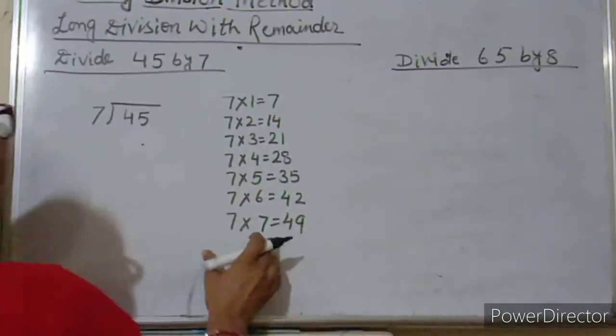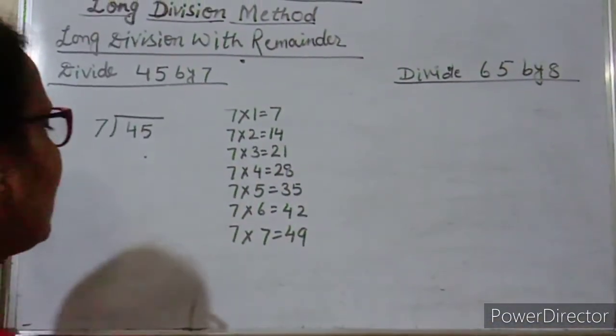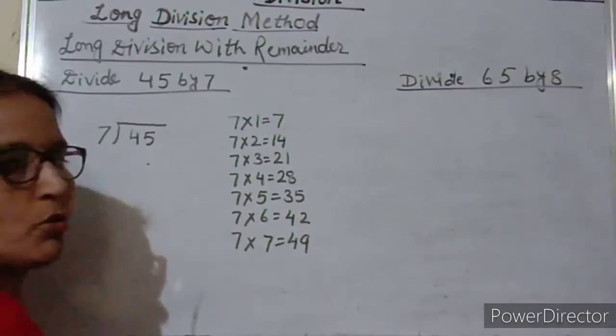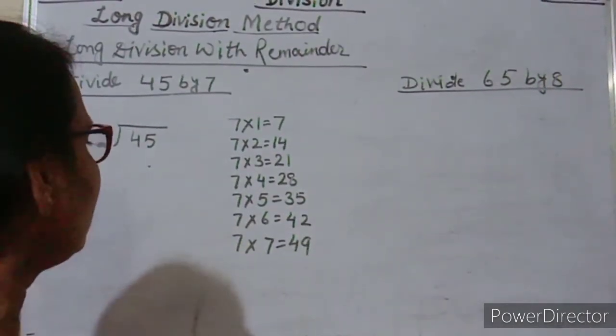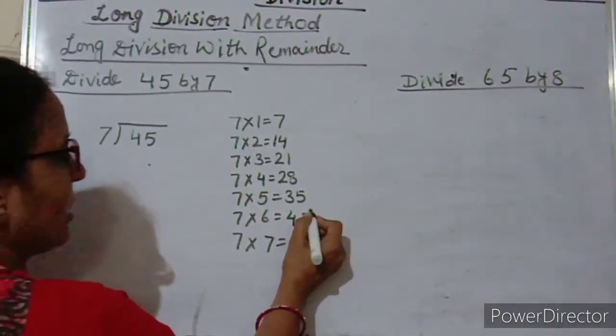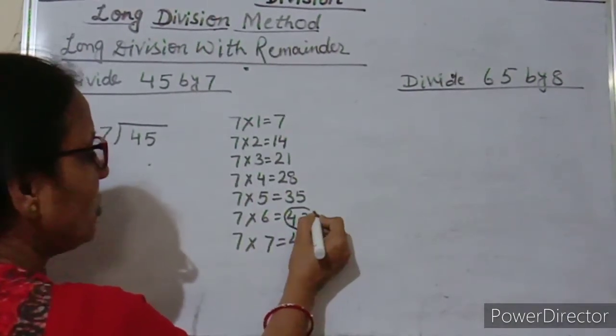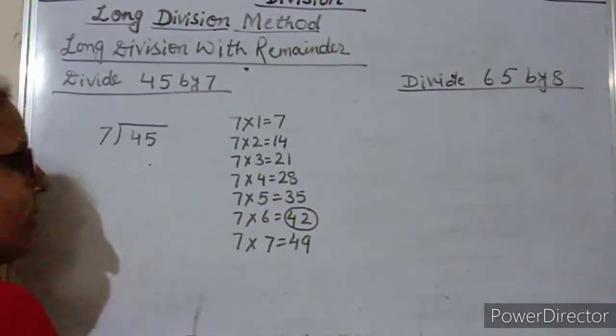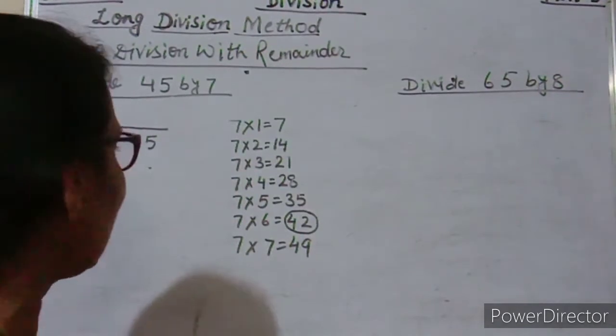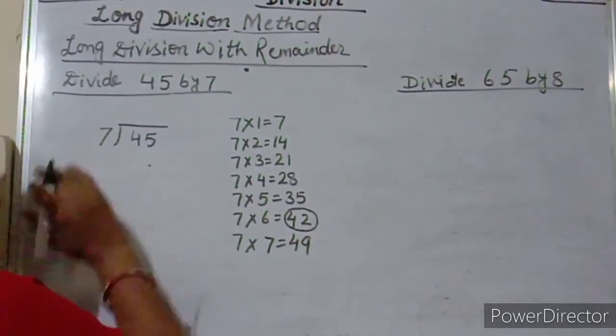So students, just see which one is the closest number to 45. Yes, 42 is the closest number to 45 and it is less than 45 also.